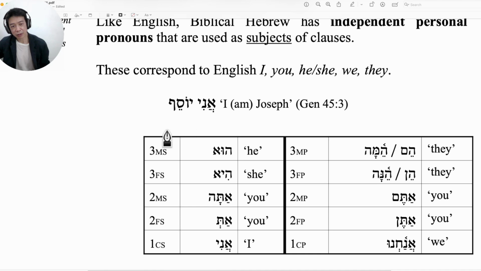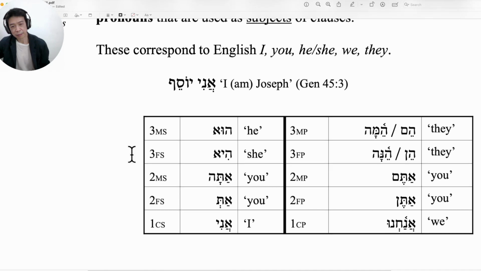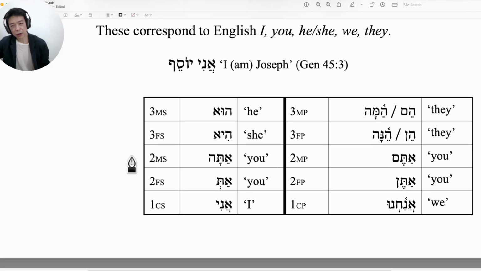Let's take a look at some personal pronouns here. For the word he in English, in Hebrew is hu. For she, in Hebrew is hi.